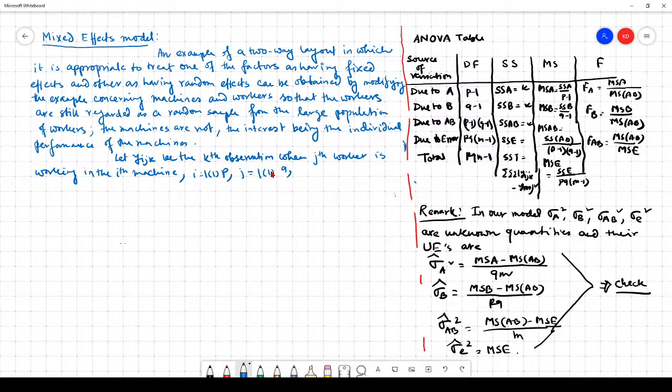We select q workers from a large number of workers, and k from 1 to m, because each combination contains m observations.